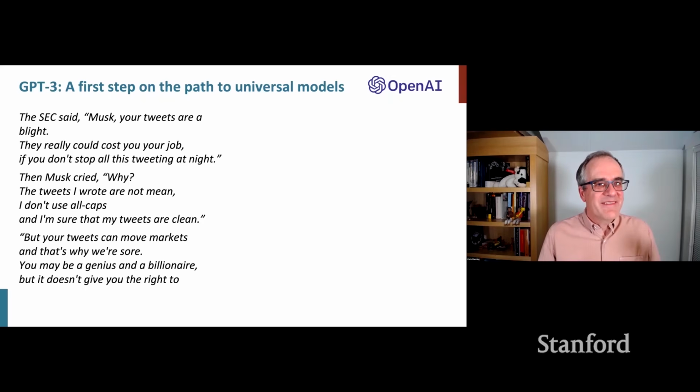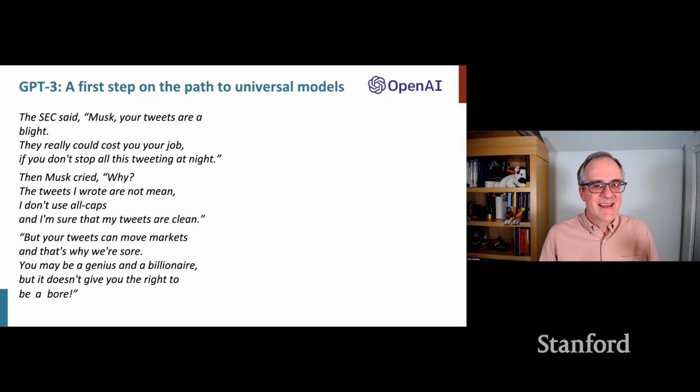On the left, it's being told to write about Elon Musk in the style of Dr. Seuss. And it started off with some text, and then it's generating more text.